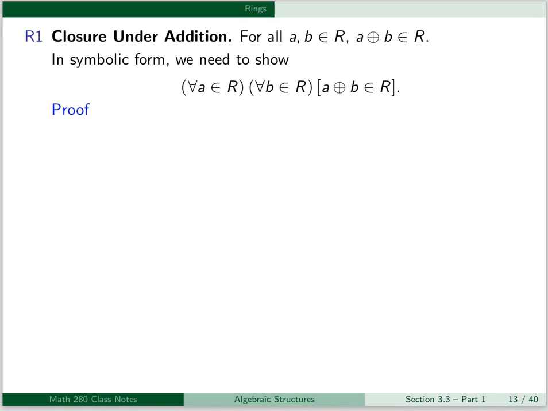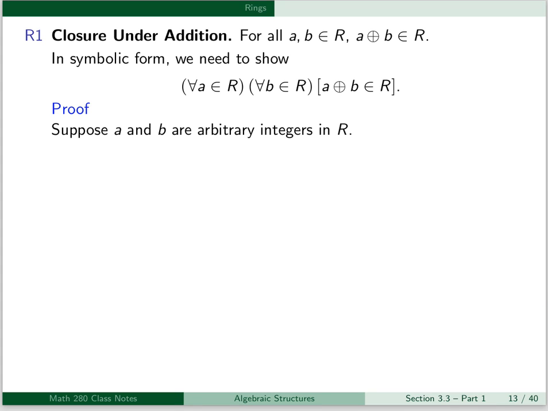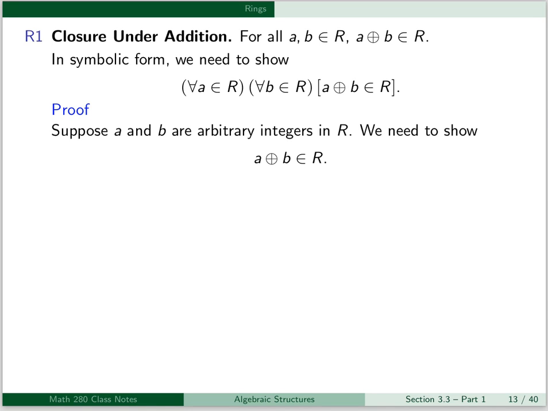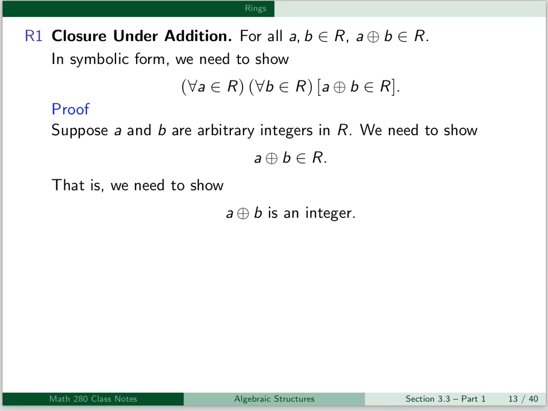So for the proof, this is a universal statement, so we'll use a proof by arbitrary element. So we'll start by supposing a and b are arbitrary integers in R, and we need to show that a circle plus b is in R. Now remember, R is just the set of integers. So we need to show a circle plus b is an integer.